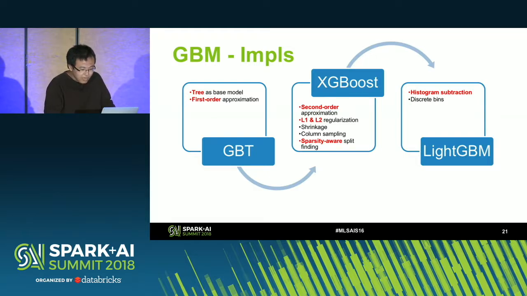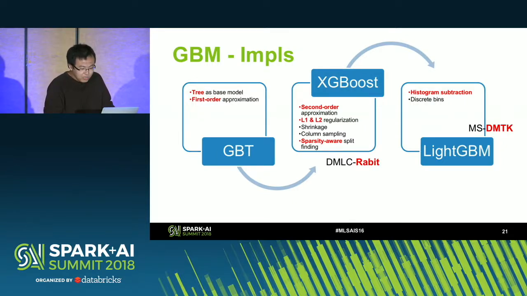In LightGBM, discrete bins are used for performance optimization, and histogram subtraction is proposed to halve the communication cost. Compared to XGBoost and LightGBM, Spark GBT has some room for improvement in terms of scalability, accuracy, and functionality.